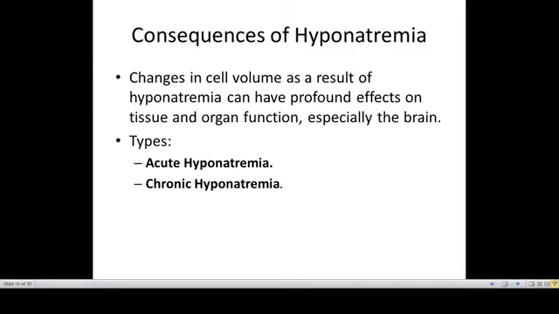Consequences of hyponatremia. Changes in cell volume as a result of hyponatremia can have profound effects on tissue and organ function, especially in the brain. Hyponatremia can be of two types: acute hyponatremia and chronic hyponatremia.